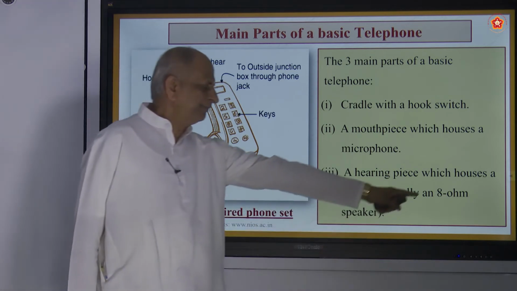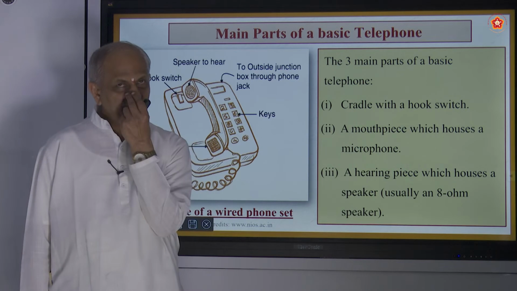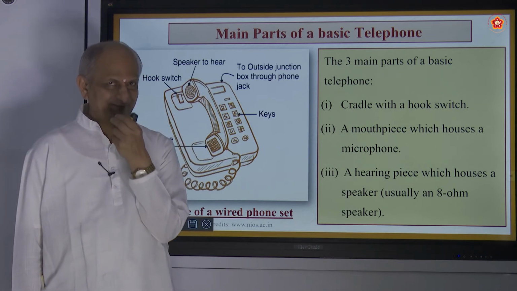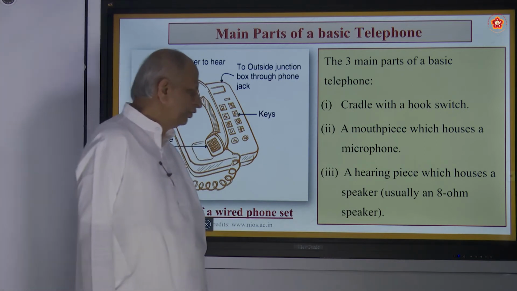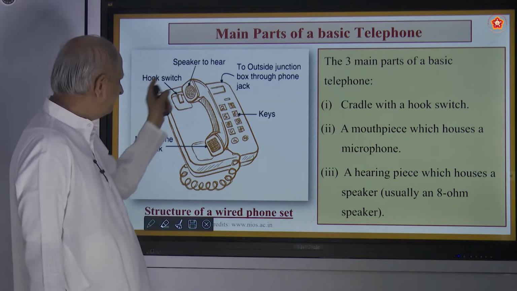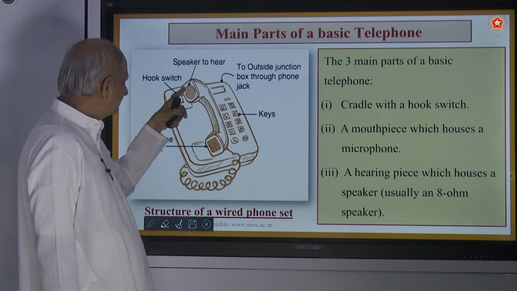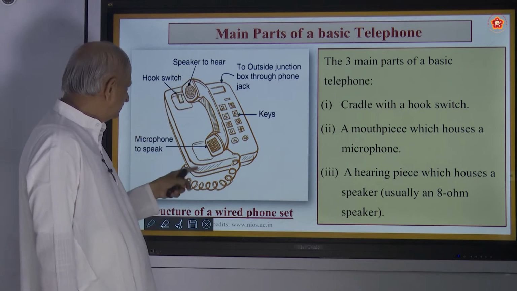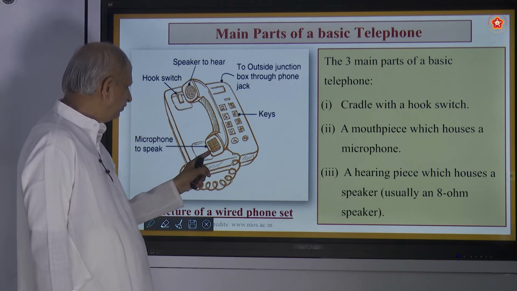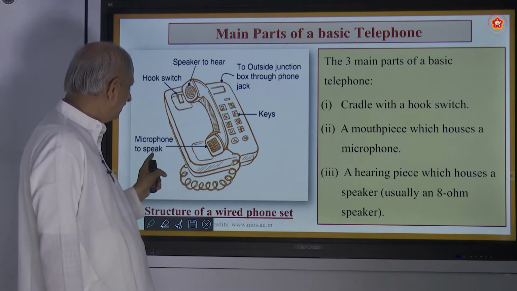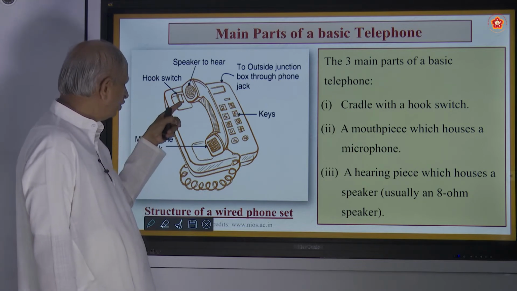What is that ohm? Ohm is the unit for resistance. So an 8 ohm speaker will be there. This is the figure of a handset. Here this is the speaker, and this is the microphone where you speak, also called the mic, and this is the hook switch.